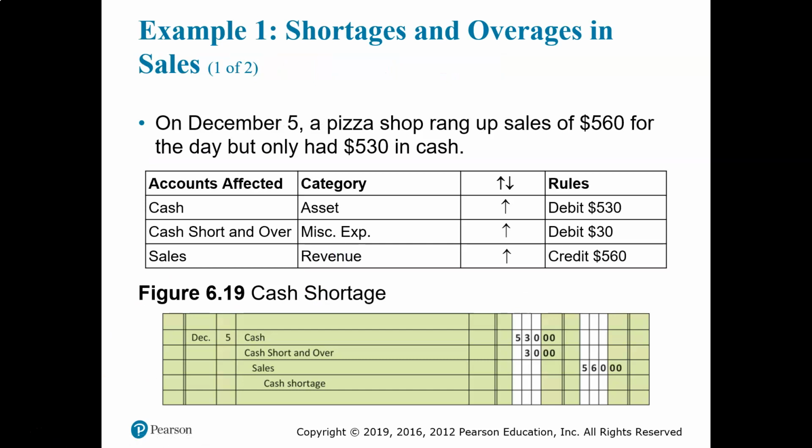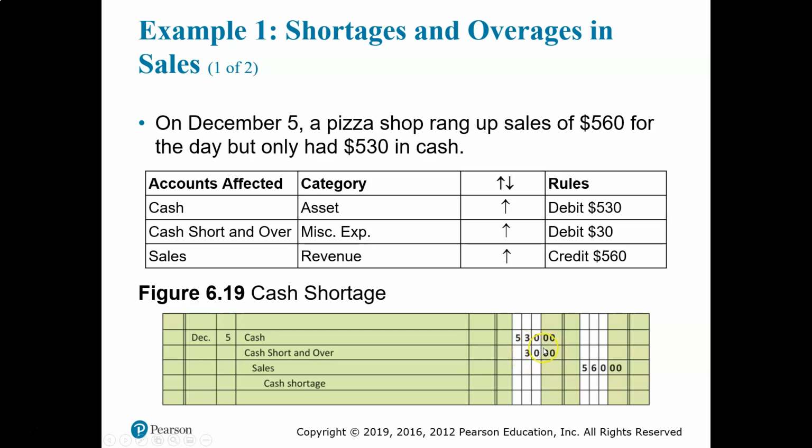Okay, so on December 5th, a pizza shop rang up sales of $560 for the day, but only had $530 in cash. So we had a shortage, right? So we have to record an expense. And basically, you just want your debits and your credits equal. So if you had a sale of $560 and you only got $530 in your drawer, then you're short.